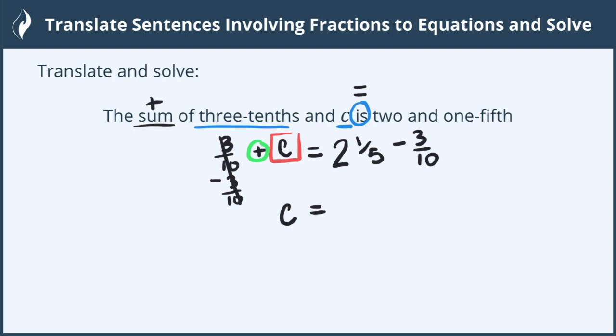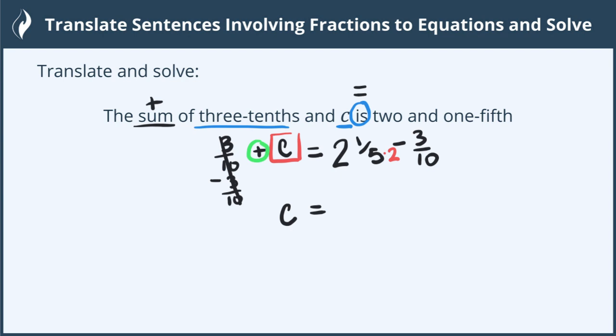Here I have two fractions that I need to subtract, but they don't have a common denominator. So I need to find the common denominator. On the second one, I can see it ends in 5, and 5 times 2 will give me 10. That is the lowest common denominator for these two fractions.